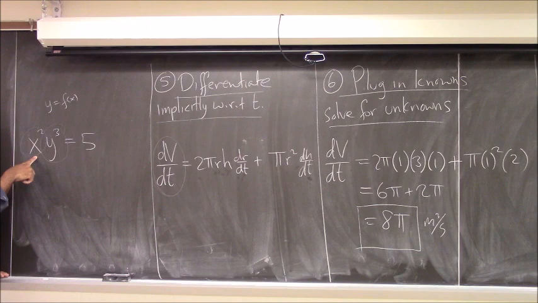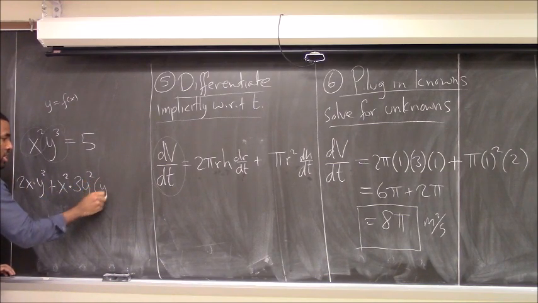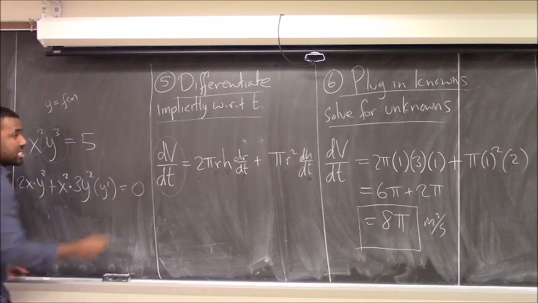So if I differentiate this using the product rule, I differentiate the x, I leave the y cubed, plus I leave the x squared, and I differentiate the y cubed, right? But because this y is like a function, I had to multiply by the derivative of the inside, and multiply by y prime, right? So that's the same idea.